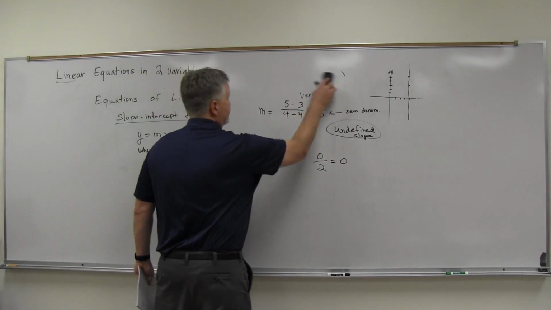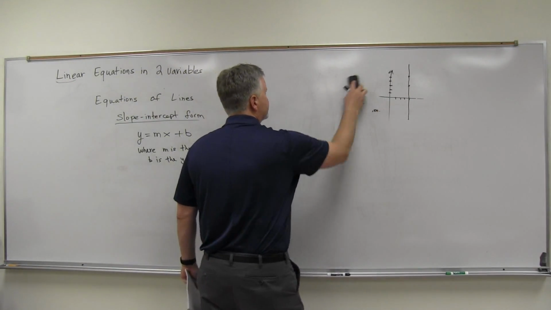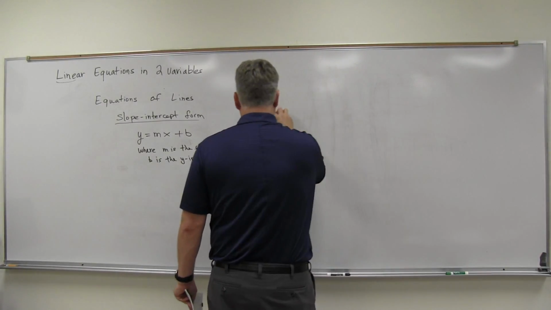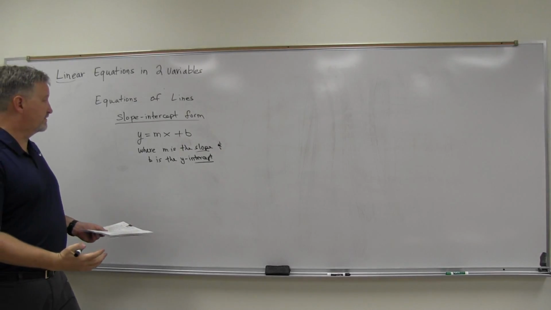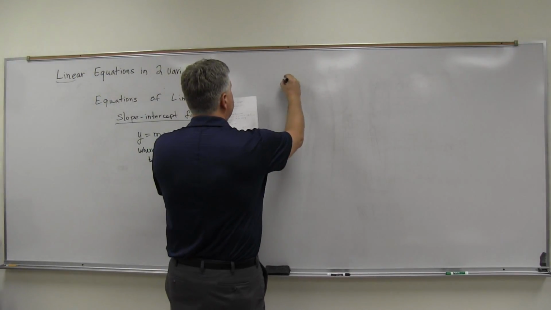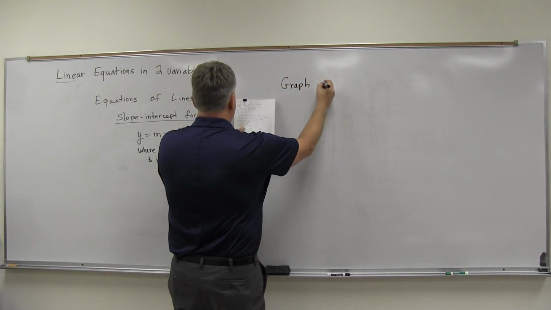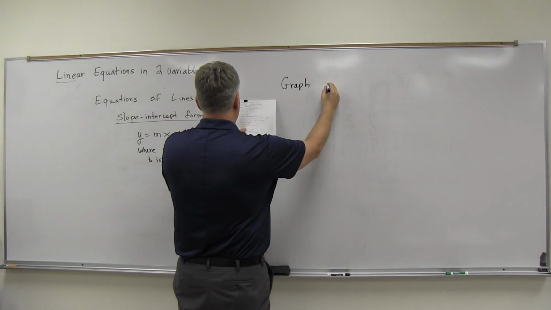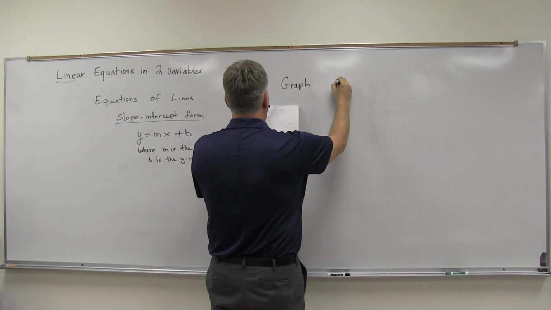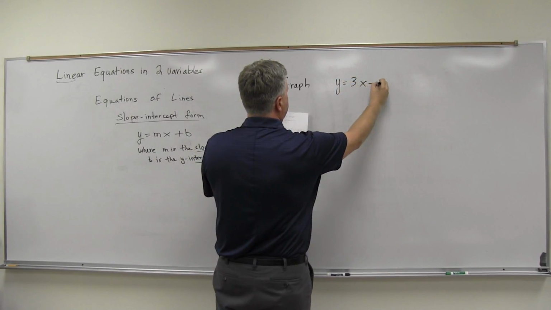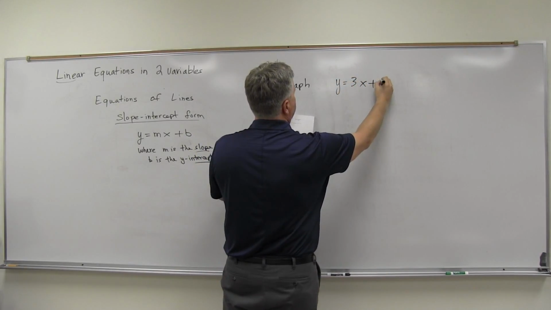So that gives us a way of graphing lines fairly easily. If I've got y equals mx plus b, the graph of that line is not terribly difficult to do. So let's say I want to graph y equals 3x plus 5.